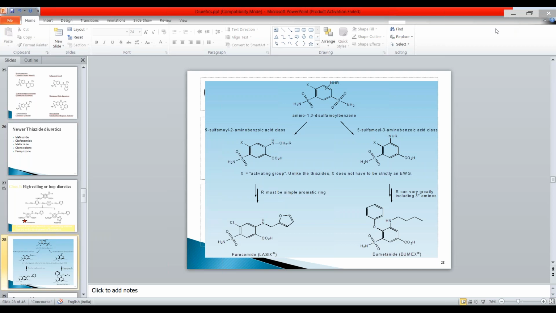Next, the sulfamoyl group should be at position 5 for optimal high ceiling diuretic activity.